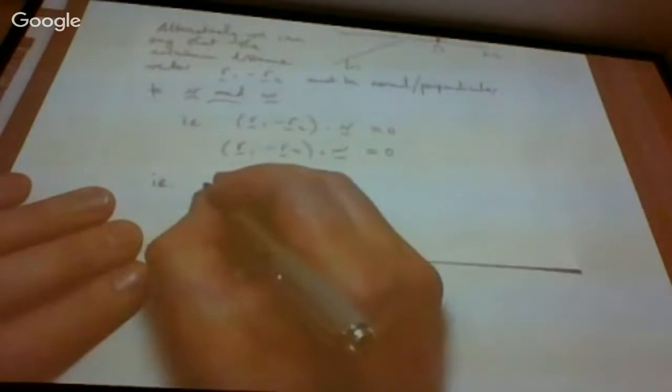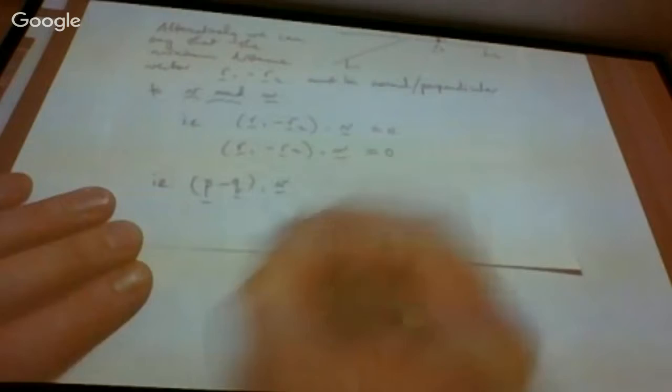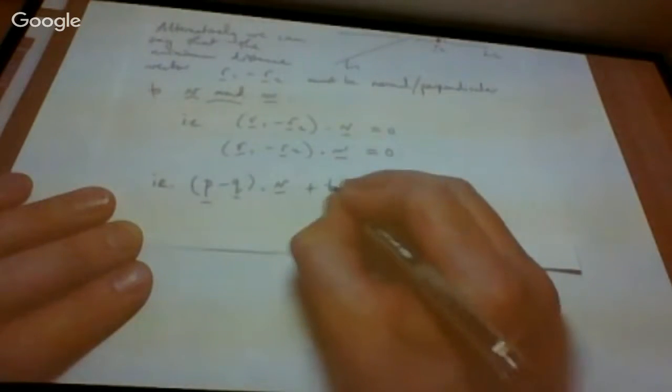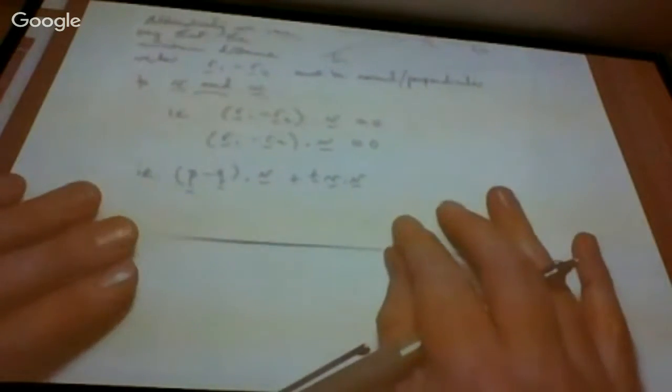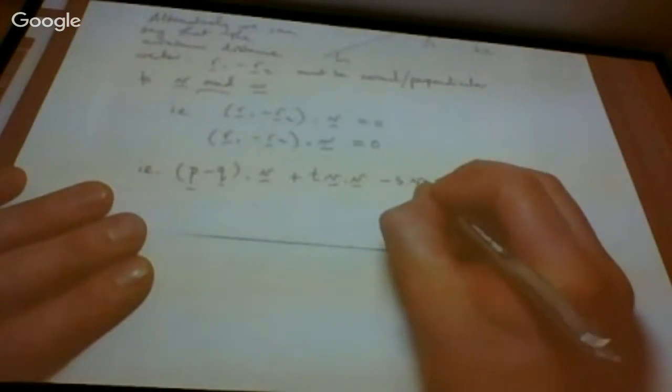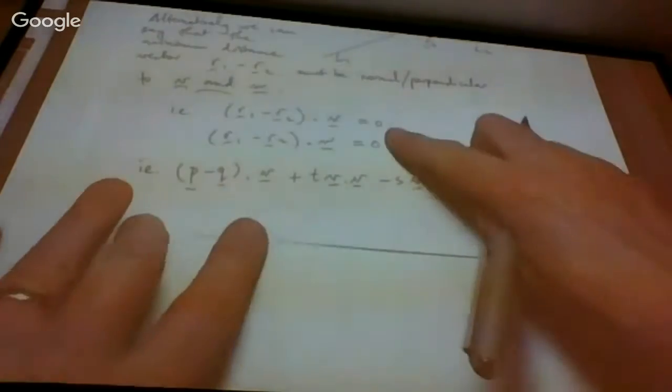The first equation becomes the vector P minus Q dot V, and I've got a plus T V squared, T V dot V, and a minus S V dot W. That has to be 0. That's the first of these equations.